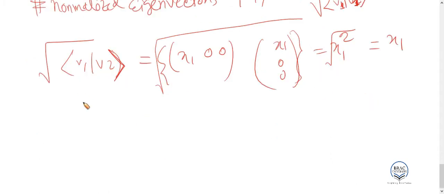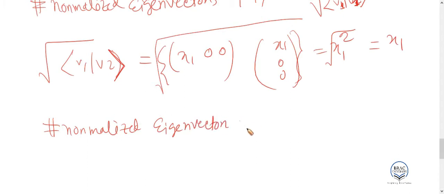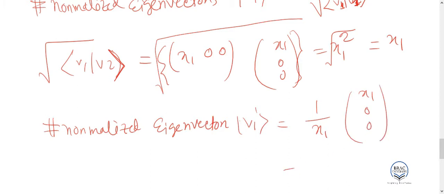And now the normalized eigenvector v1 prime will be given by 1 upon x1 times x1 0 0, which is just 1 0 0. So this is one of the eigenvectors, and from now on we will try to find the normalized eigenvectors, because in physics we often need normalizing of the state, so it's a good practice to use the normalized eigenvectors as well.